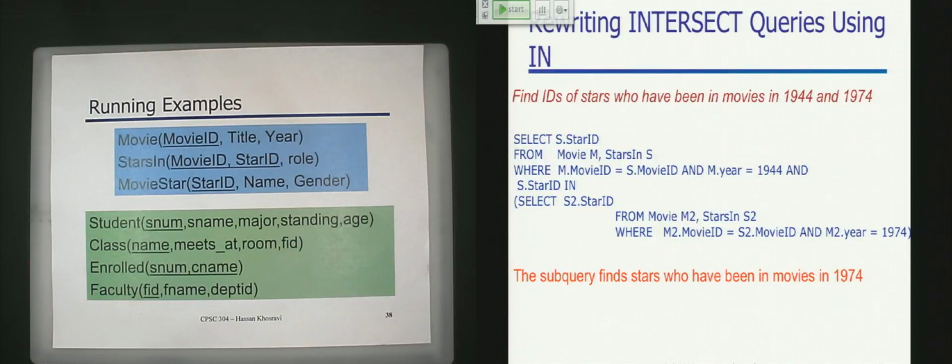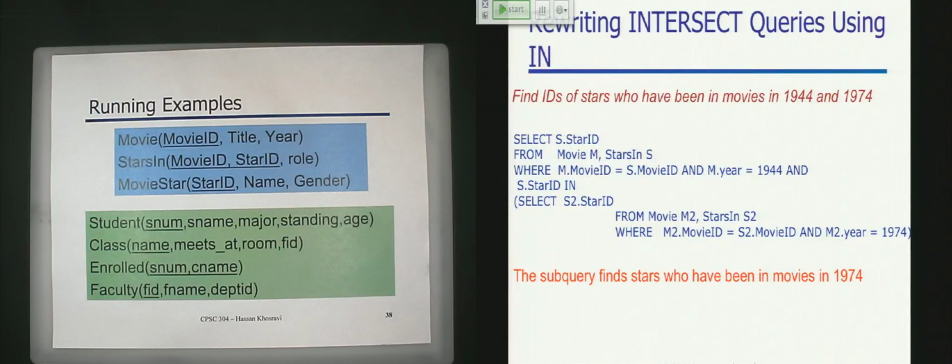Now that we know how to do nested queries, you can actually rewrite intersection queries using nested queries. So if I want to find IDs of stars who've been in movies in both 1944 and 1974, in my inner query, I can find those who were in a movie in 1974.